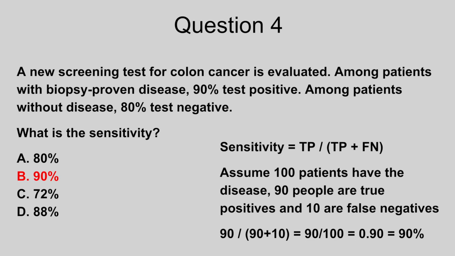So here the answer is 90%. So remember, for sensitivity, we take the true positives and divide that by the sum of the true positives and the false negatives. So in the question stem, it says that there's a 90% test positive.